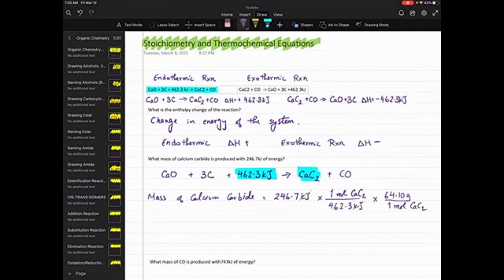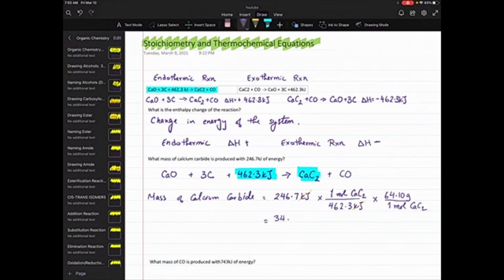Now we have enough information to convert our energy into mass. Now let's just put this information into the calculator. So 246.7 times 1 divided by 462.3 multiplied by 64.10, and we get an answer of 34.2060783.